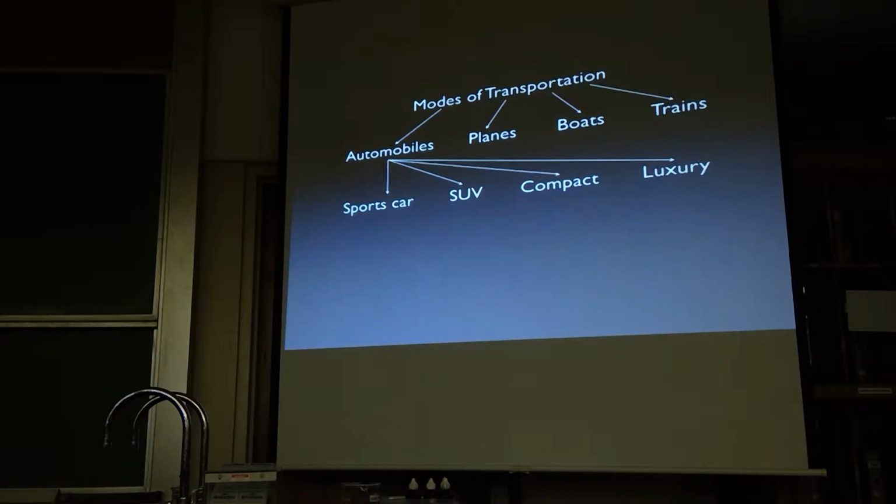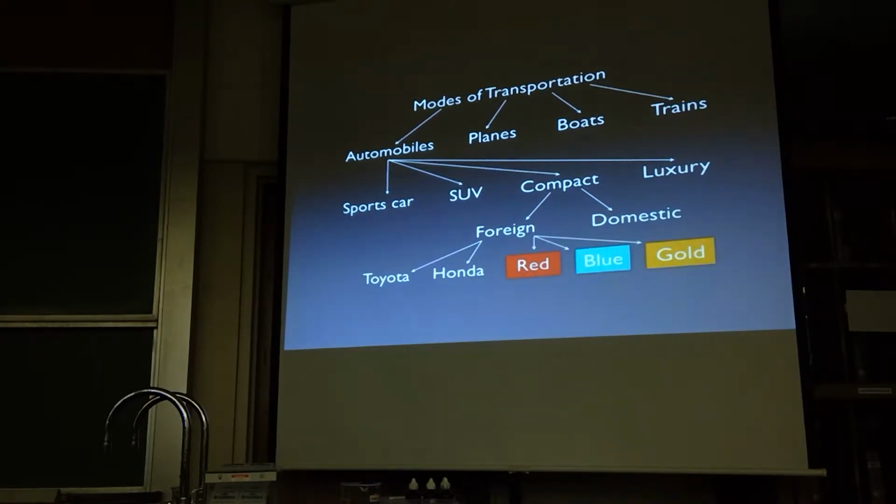In the automobile category, we have subcategories: sports car, SUV, compact car, luxury car. Under compact, we could subcategorize again, foreign versus domestic. And then under foreign car, we could categorize those by make, a Toyota, a Honda, etc., or we could categorize based on color, red, blue, green, what have you. There are different ways to categorize, but we do it all the time.